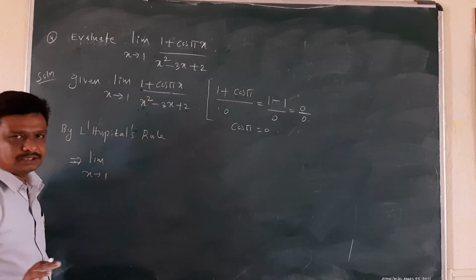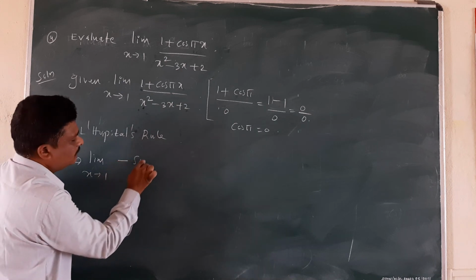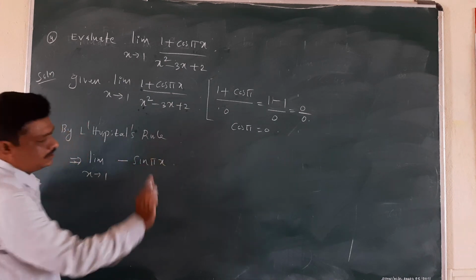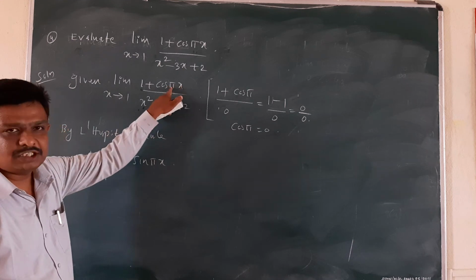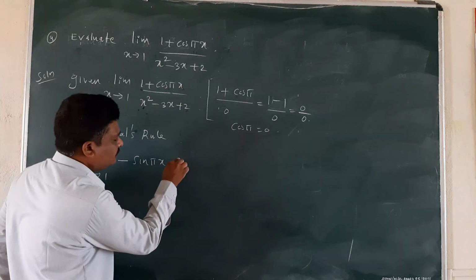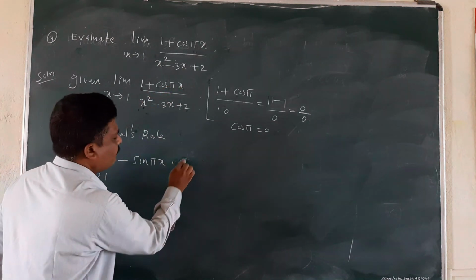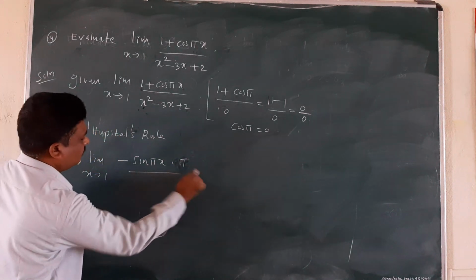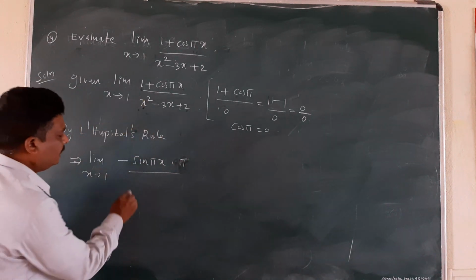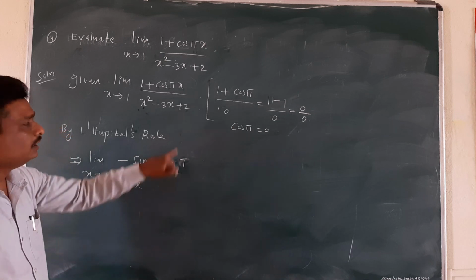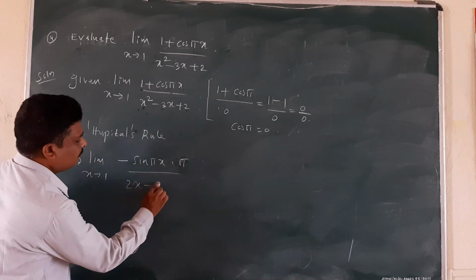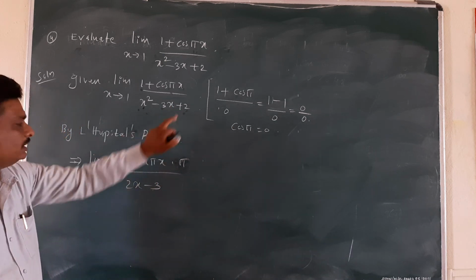Derivative of cos is minus sin x into derivative of pi x; pi is constant here. So x is 1, remaining is pi. Divided by derivative of x square, which is 2 into x. Derivative of minus 3x is minus 3 and derivative of 2 is 0.